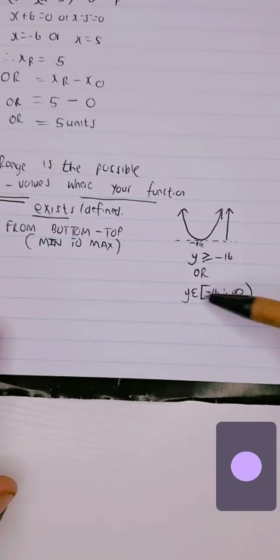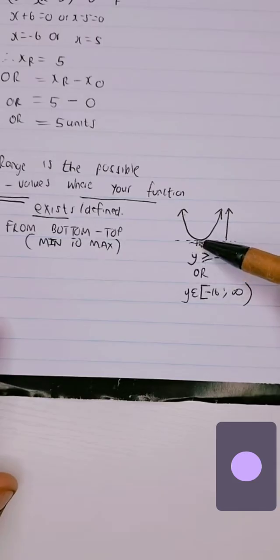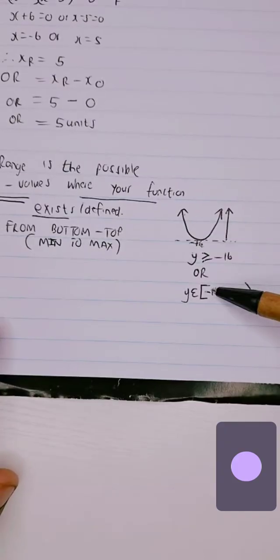So Z, it is this: y is greater than or equal to negative 16, or y is an element of, square brackets. Why are we using square brackets? Because negative 16 is included as our minimum value. The function touches negative 16 as the lowest point, so we are at the minimum.